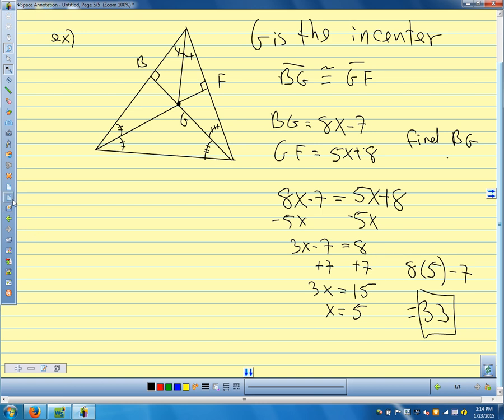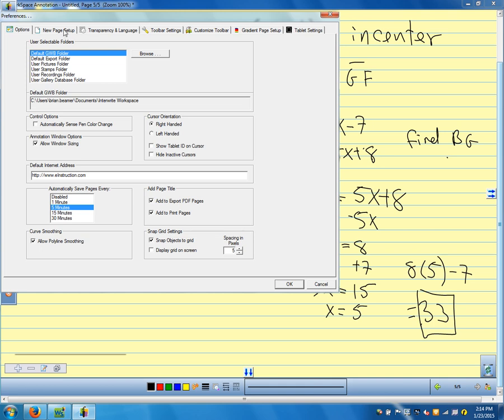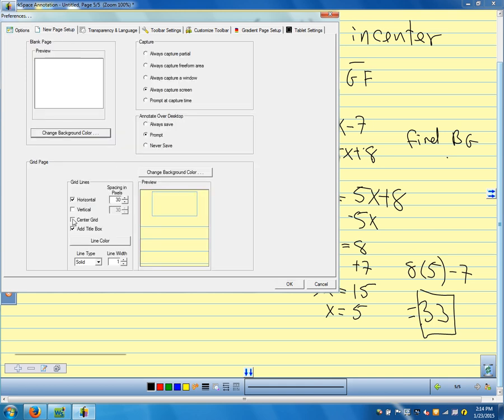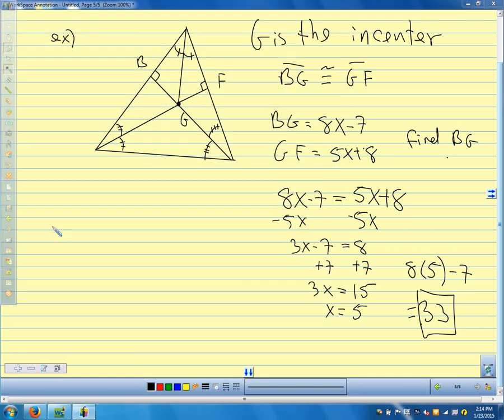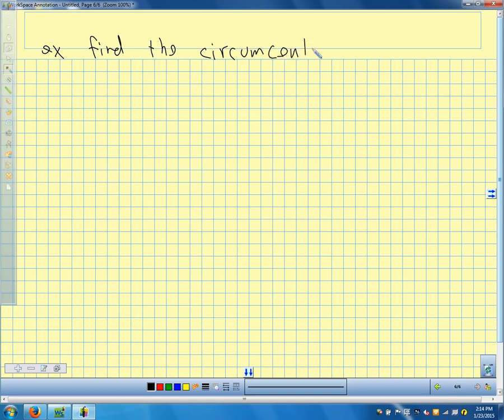All right, one last example. Sometimes you'll be given a problem that has to do with coordinates. Find the circumcenter. So here are my axes.